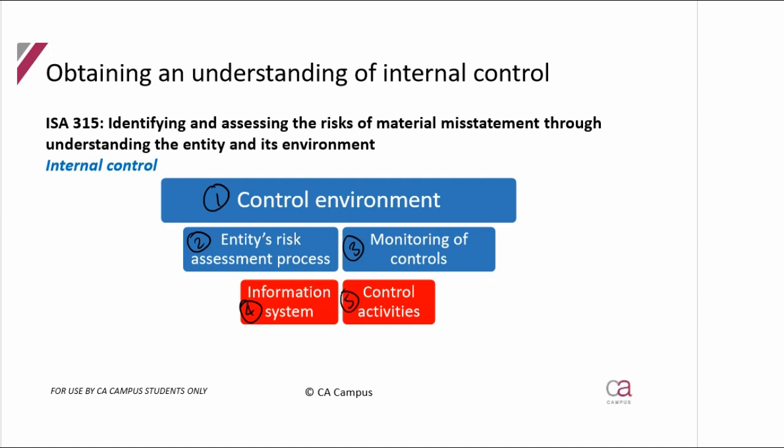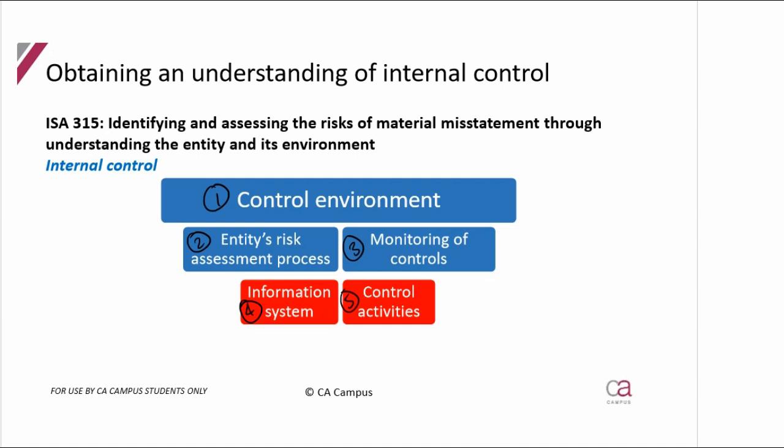Because as you can see from its definition, it's huge and it's not limited to one specific area, it's everywhere in this business. It affects everything about the business, the operations, the reporting, the compliance. So, in describing each of these components, we can get a better understanding of how internal control is going to affect the client and then ultimately us as auditors.